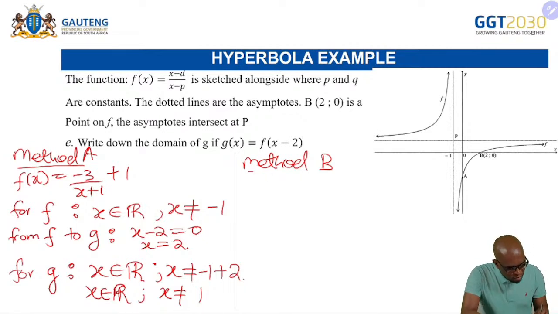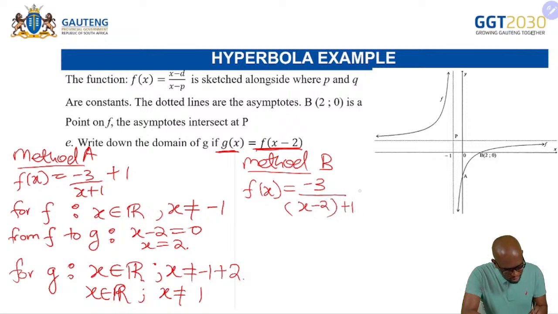Right, now moving on to the second method that we can use here. We can find the equation of G. How do we find the equation of G? We see here that G of x is f of x minus 2. So when we see x in the original function, we put x minus 2. Obviously, the original function is this one, minus 3 over... where we see x, we put x minus 2, and then we have plus 1.